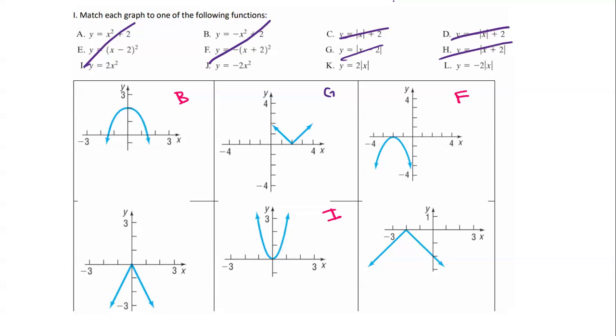So it has to be between K and M, right? So it does do some stretching, a factor of 2, but in this case, it has to be a negative, right? It's a sad absolute value. It's upside down, right? If it was a positive, then it would have been facing up, okay? So in this case, it's not doing that. It's going down. So the answer to this one has to be L.